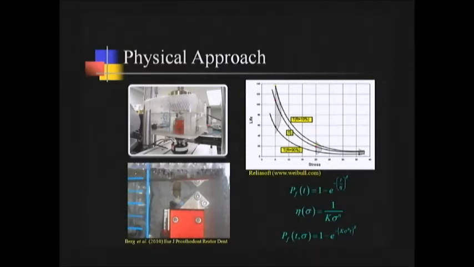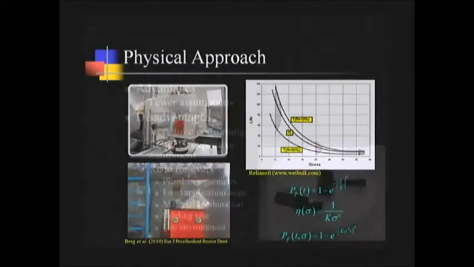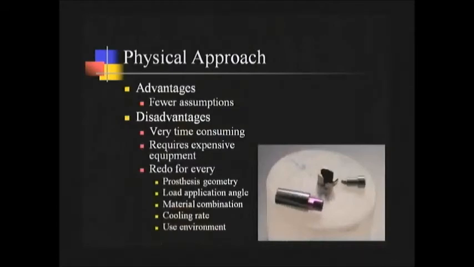And so that's how we fit the data to these two equations, and when we combine them together, we get one overall inverse power law Weibull model. And so that's the equation that our software is using. Luckily, we have software to do this for us, so we don't have to do it all by hand.